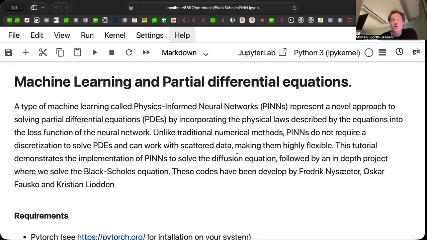And in those cases where you have analytical solutions to compare with, which is the case you will see now when we look at the diffusion equation in one dimension, you will see that we get an error, that means a difference between the analytical result and the numerical result, with a pretty shallow neural network, which runs at the order of 10 to the minus 5 or even 10 to the minus 6.